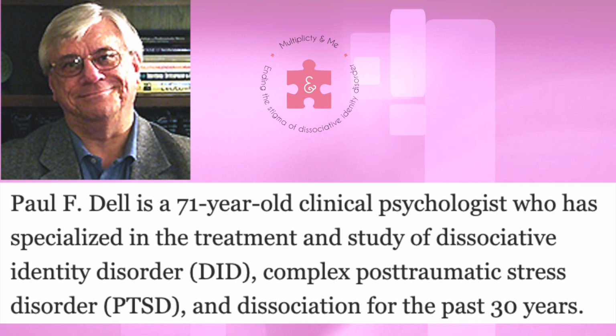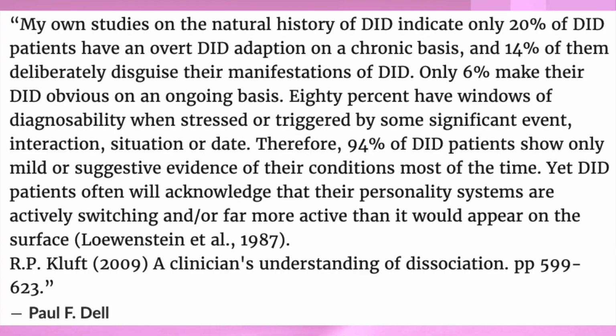In Paul Dell's study, he states, "My own studies on the natural history of DID indicate only 20% of DID patients have an overt DID adaptation on a chronic basis, and 14% of them deliberately disguise their manifestations of DID.